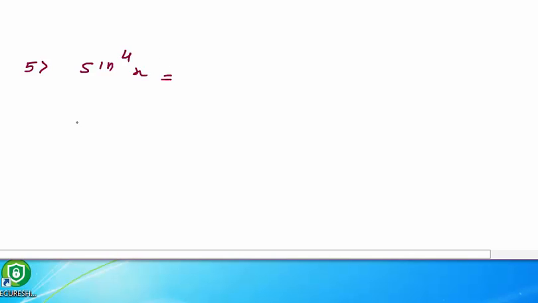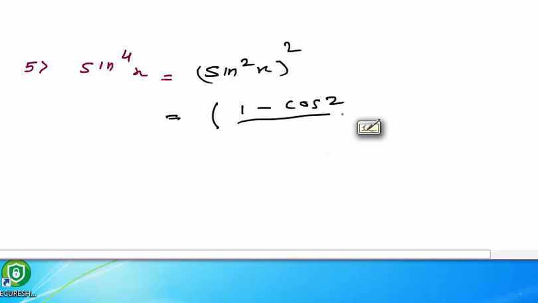Now for sin power 4x, as I already know the formula of sin square x, I write this as sin square x the whole square, and when I simplify, sin square x can be written as (1 minus cos 2x) whole divided by 2, and the whole square.